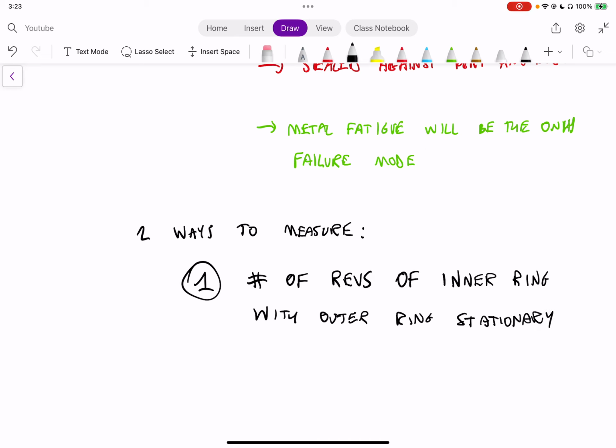So here we assume that we have an inner ring rotating, the outer ring is stationary, and we count the number of revolutions. Now, the problem with this is that we don't really know at what speed the revolutions are happening, but we'll talk about that later as we go.